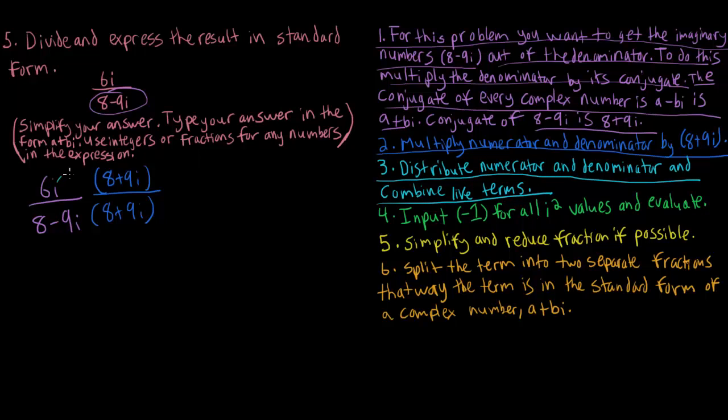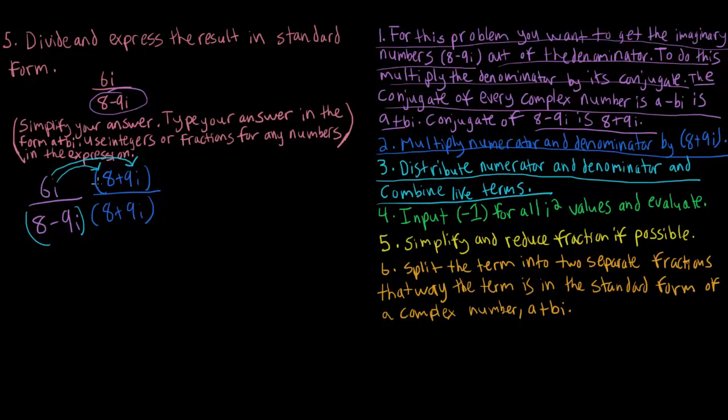So we'd multiply 6i times 8, and then also 6i times 9i. And then we have to do the same thing with the denominator, multiply 8 minus 9i by 8 plus 9i.